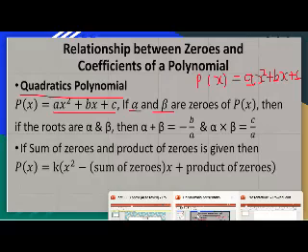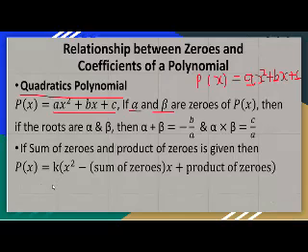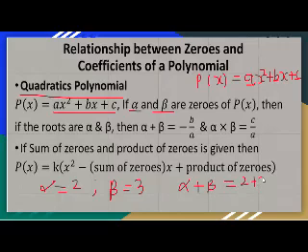For example, if they have given alpha as 2 and beta as 3, the sum of the roots is alpha plus beta, which is 2 plus 3, it's 5. Then alpha into beta is 2 into 3, which is equal to 6.